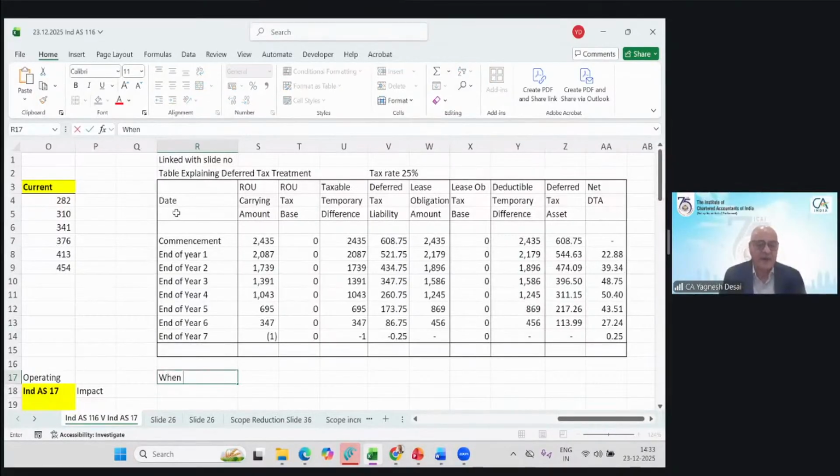When the carrying amount of an asset is more than the tax base, it always results in DTL, taxable temporary differences.